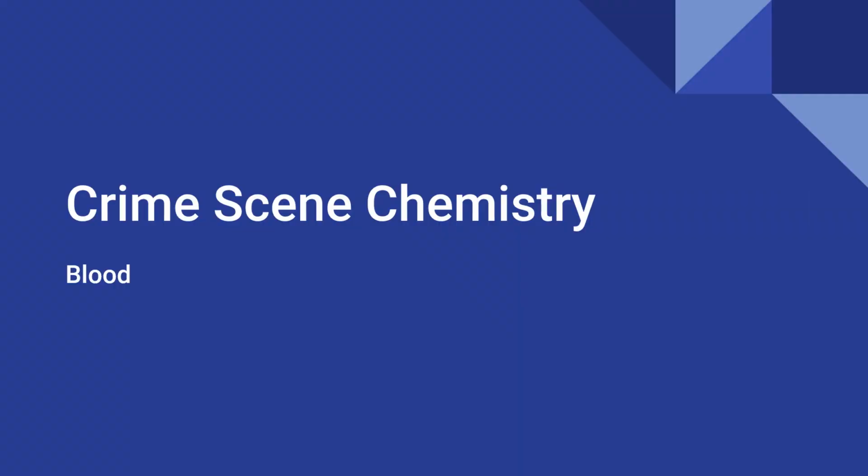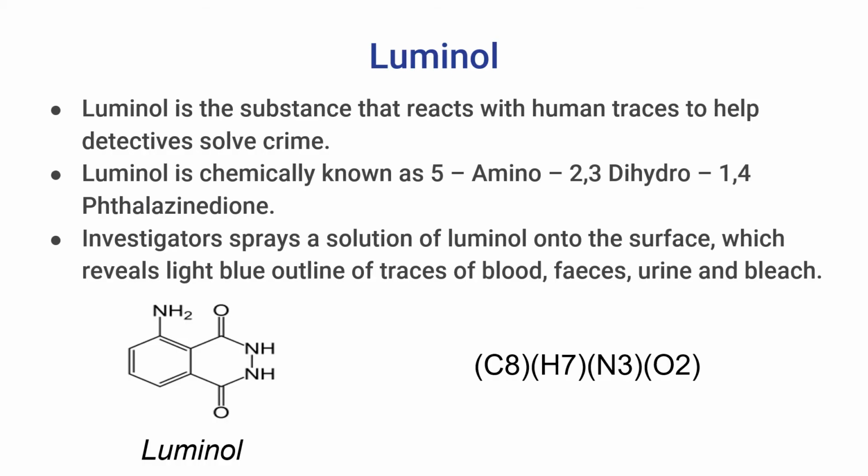The next topic of our presentation is the use of chemistry in detecting blood at crime scenes. Luminol. Luminol is the substance that reacts with human traces to help detectives solve crime.